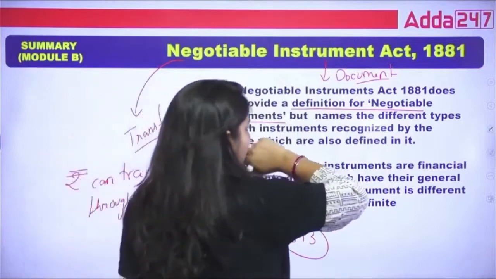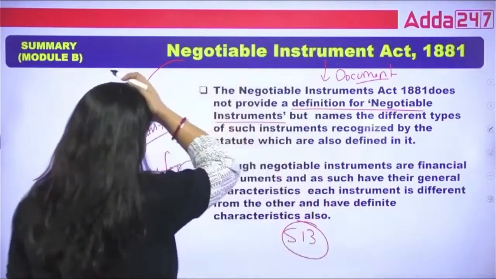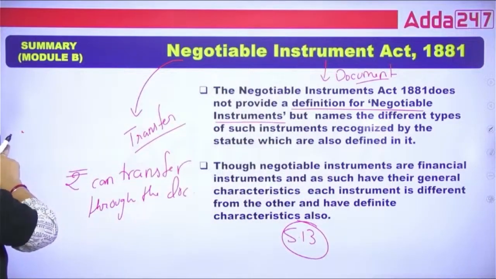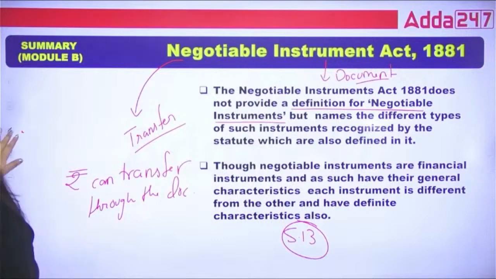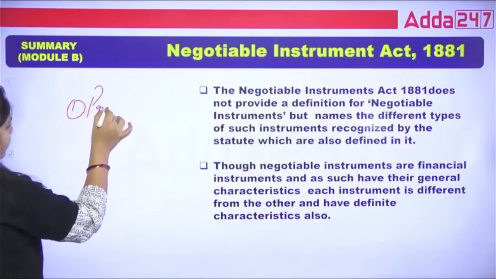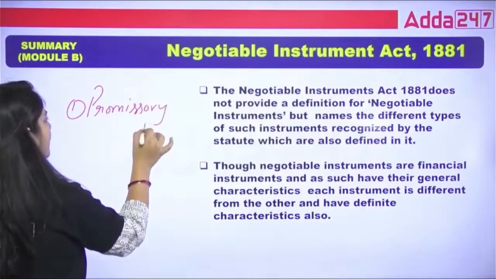But name the different types of instruments recognized by this Act. So what are the different types of instruments? First is the promissory note.